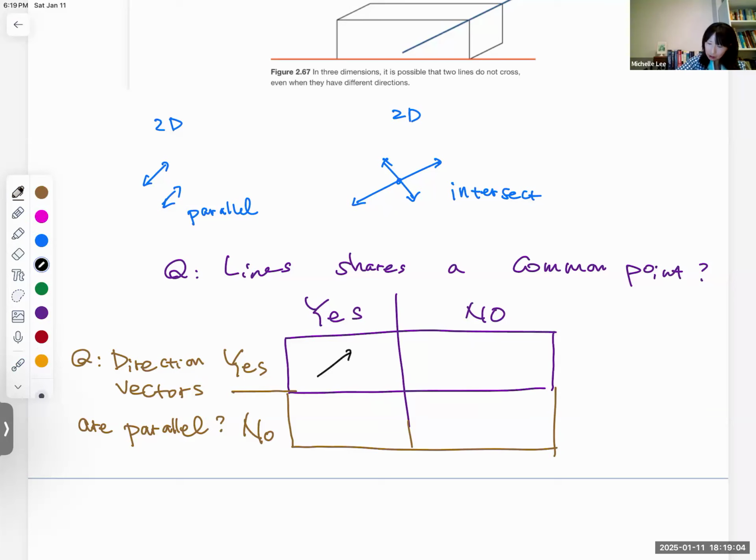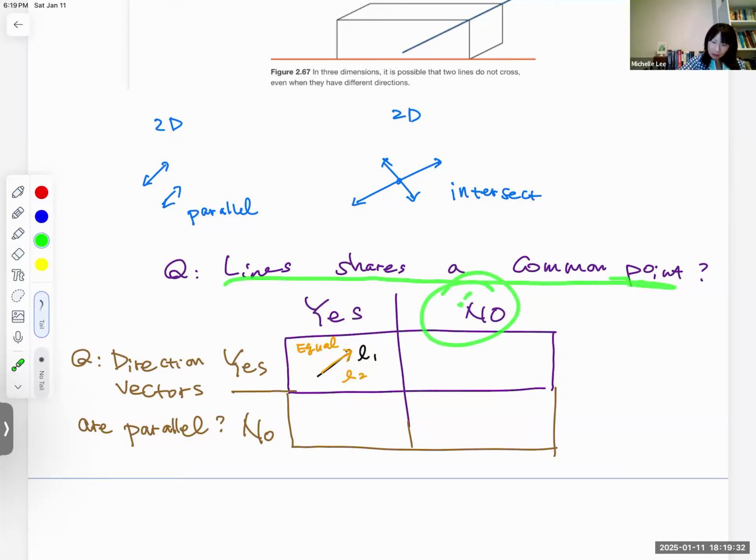Then look, this line one, let's denote L sub one, and then line two, L sub two. So they are equal to each other, identical, right? Okay, how about this? Lines share a common point?